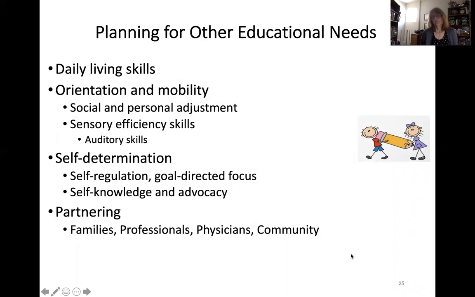So the other types of educational needs for these students are daily living skills. Again, it's about how do we teach them the things that they need to know, because ultimately our goal is to create someone who has the ability to be independent, happy adults.